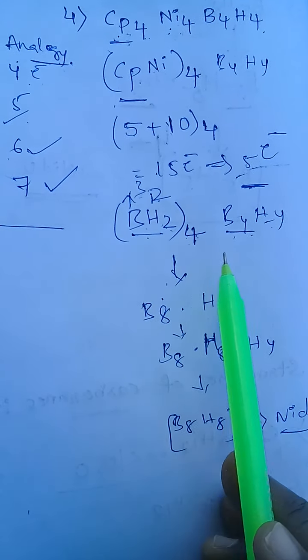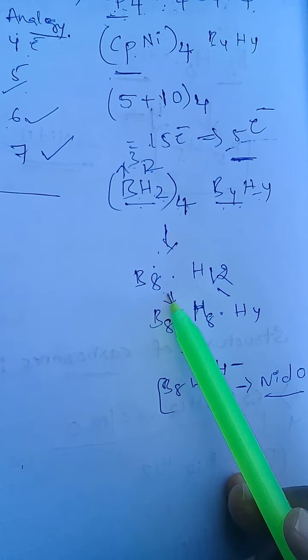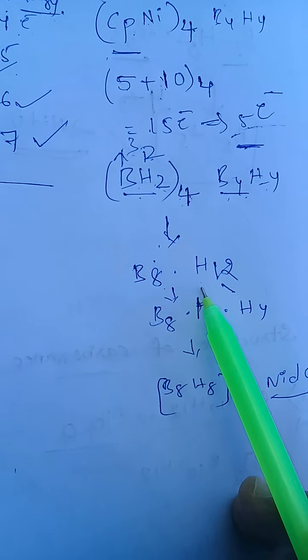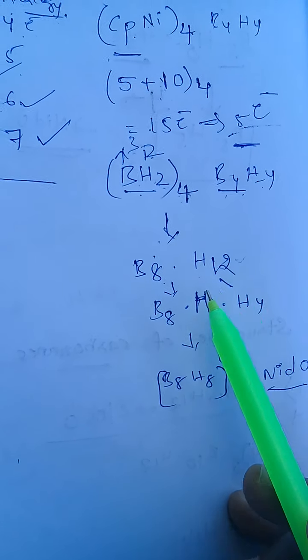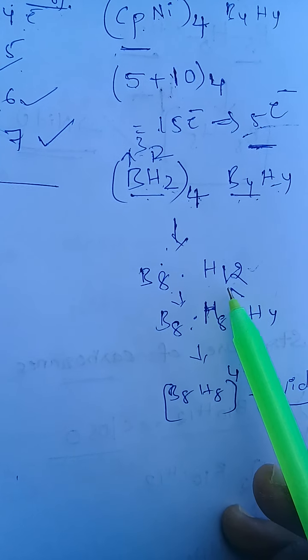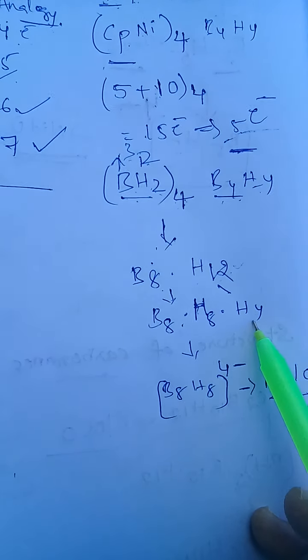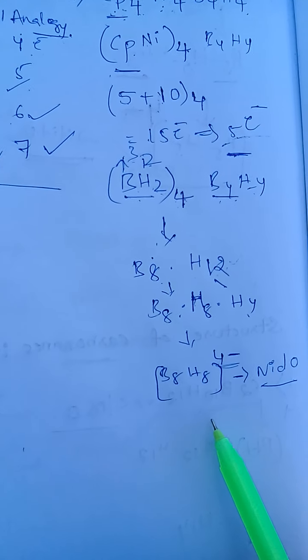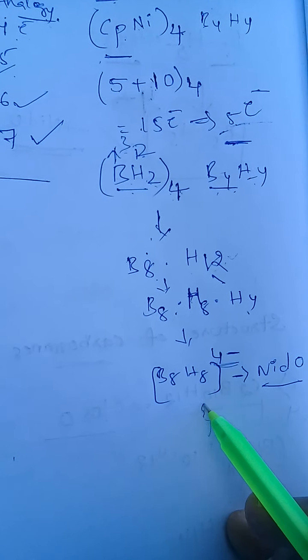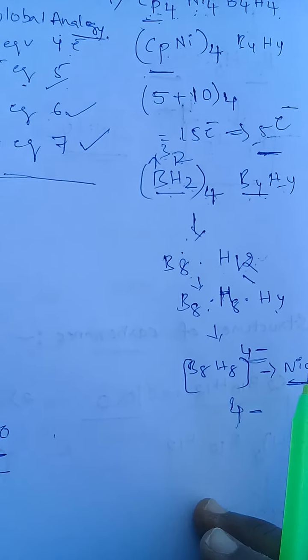In the next step, add total borons and hydrogens. After this step we write hydrogens equal to borons and remaining hydrogens taken as charge. So 4 minus charge means the structure is nido.